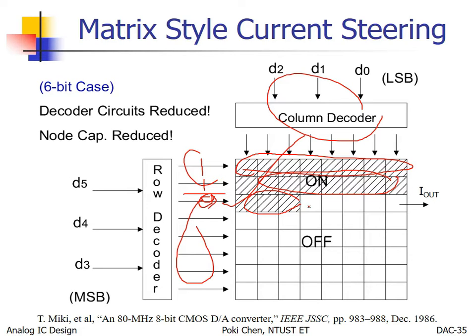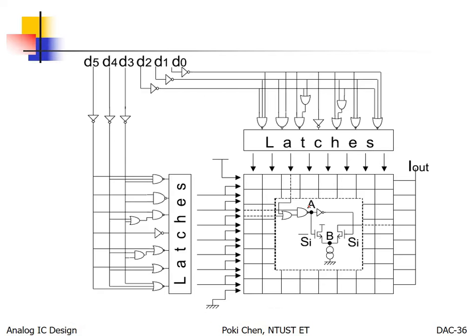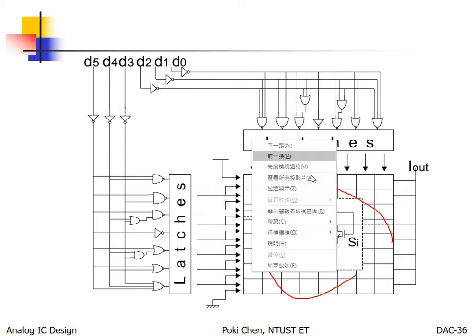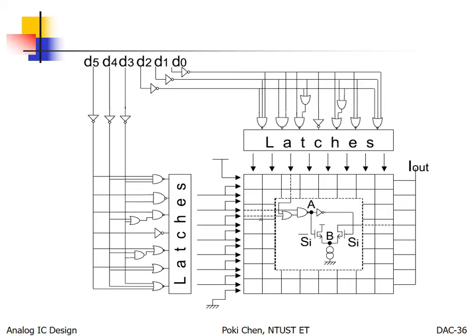And then how to make it? Allow me to show you this. You can see if I am 1, then the control, this is from the row. Please look at this. This is one of the outputs from the row decoder, right?